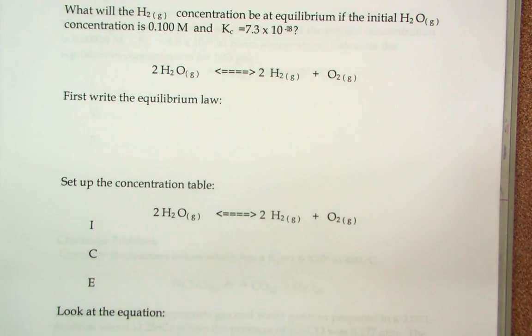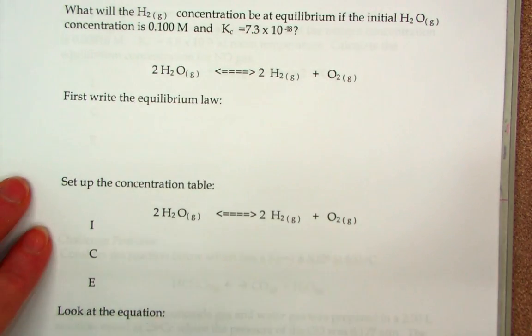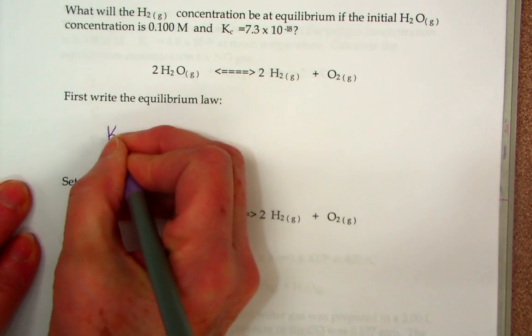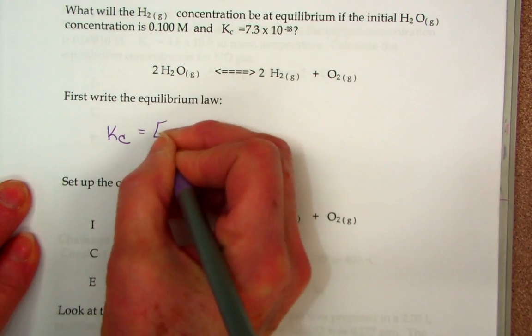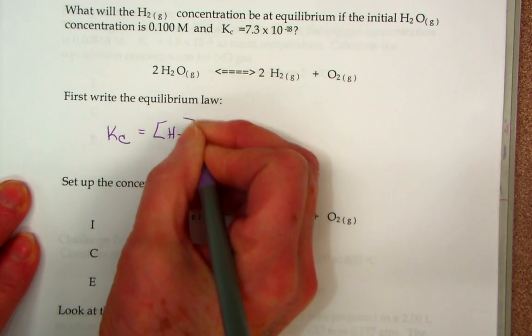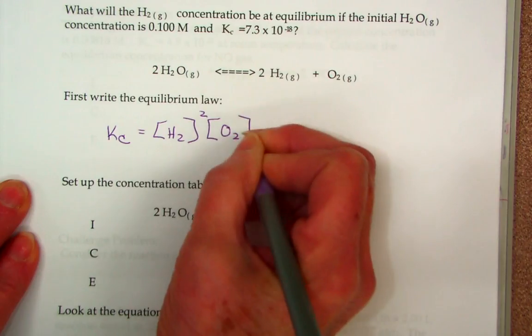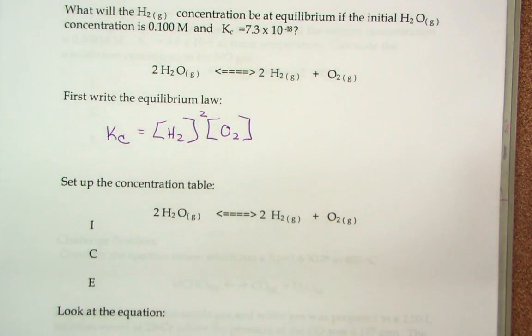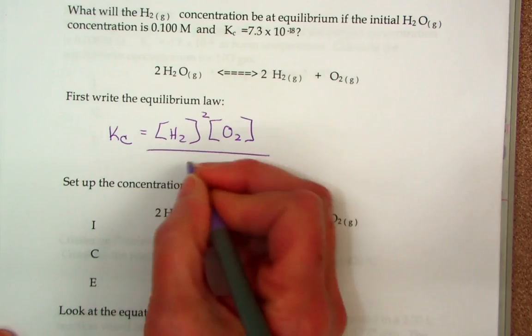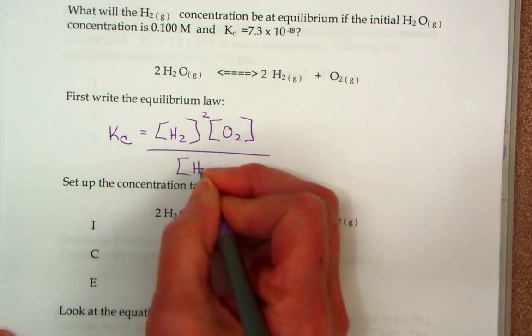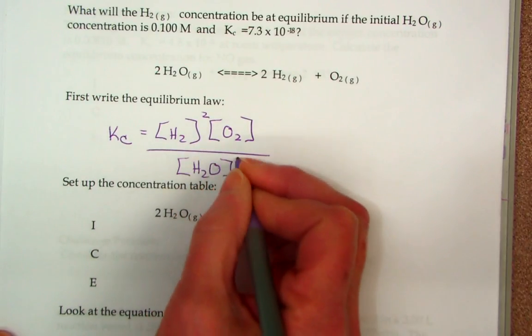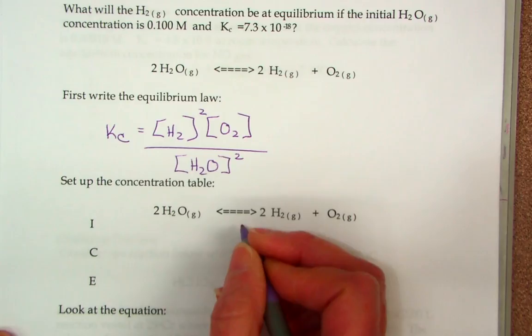So we'll start off, like always, and write our equilibrium law. Kc is equal to the hydrogen concentration squared times the oxygen concentration, divided by water, because it's water gas. And because of the 2, we square the water concentration.